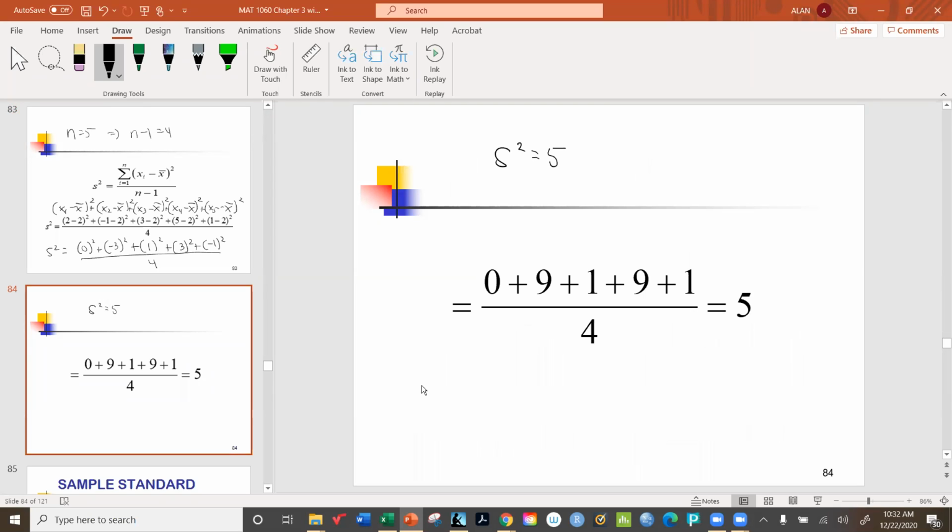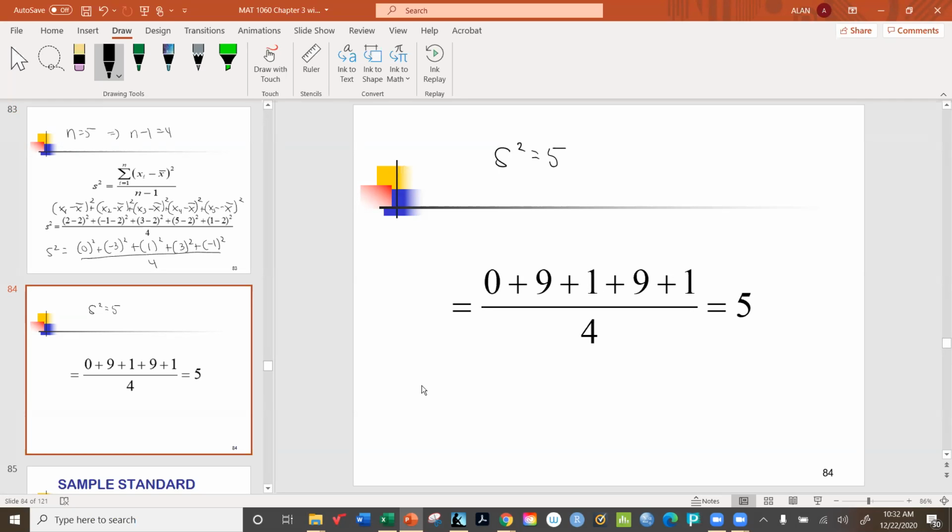Now, this is an important measure. Now, there's one big problem with the variance, though. Remember, we decided that, let's say that these numbers represented temperatures. The problem with the variance is that because of the way it's defined, the units are squared.